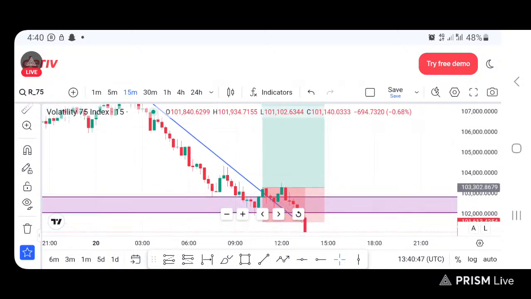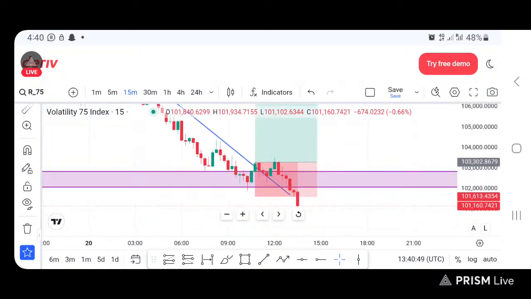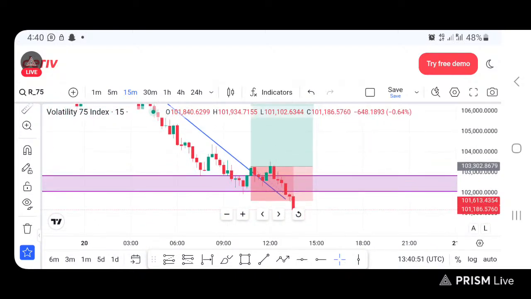20% of your capital. But if you have just risked here, let's say $20, your capital of $500, you are still having $480, which are still in your account.